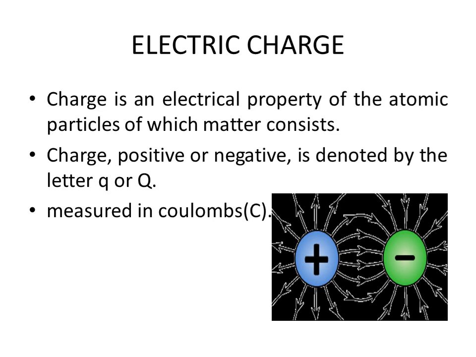Now coming to the basic definition related to electricity, charge is an electric property of the atomic particles of which matter consists. Let me explain in detail. We know from elementary physics that all matter is made up of fundamental building blocks known as atoms, and that each atom consists of electrons, protons, and neutrons, right?